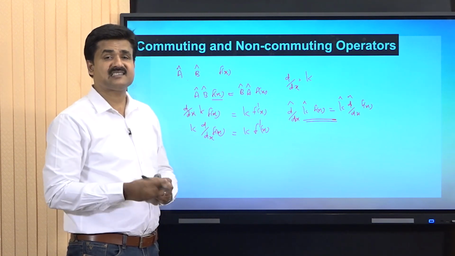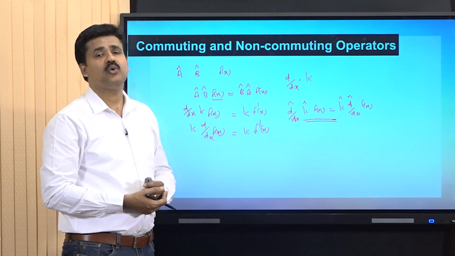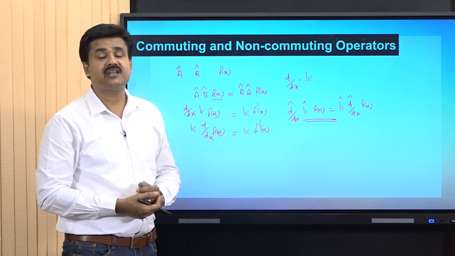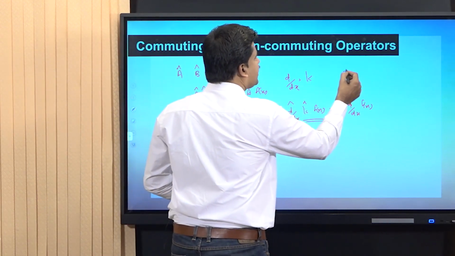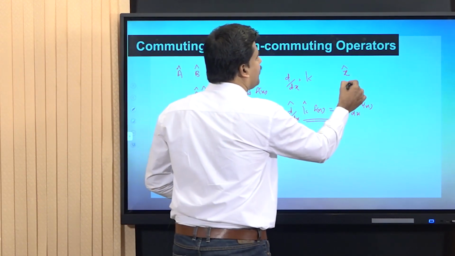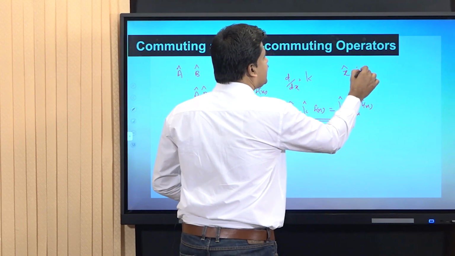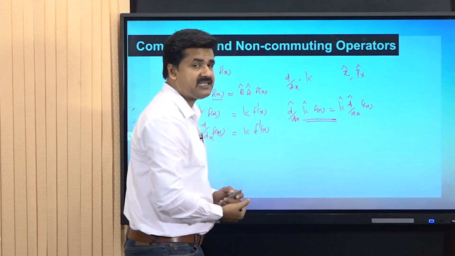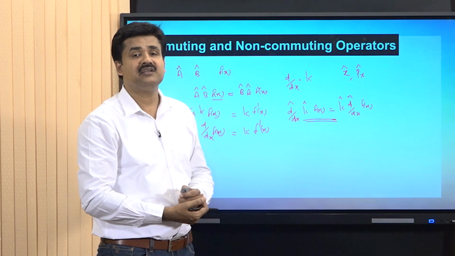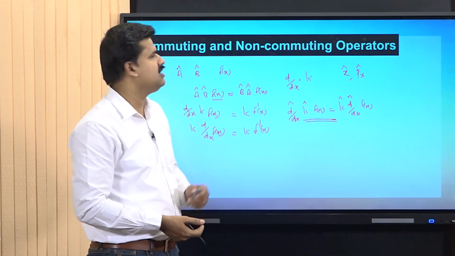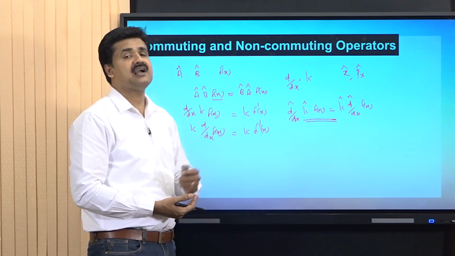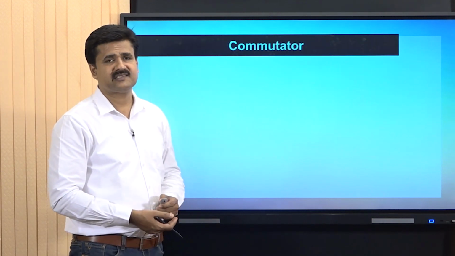One excellent example of non-commuting operators is the position and momentum operator. The position operator is marked by x hat and the momentum operator by px hat. These two operators will not commute with each other. The details can be studied in the coming slides. That is about commuting and non-commuting operators.